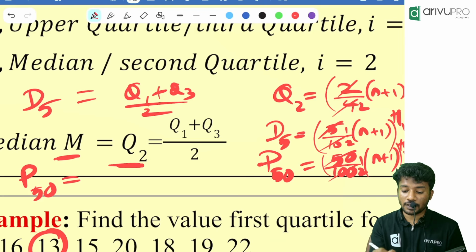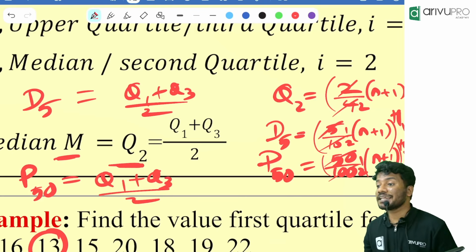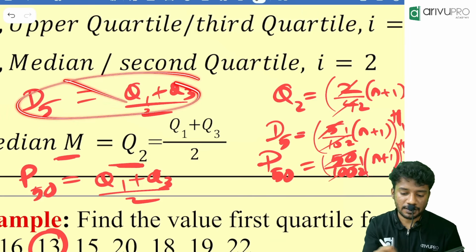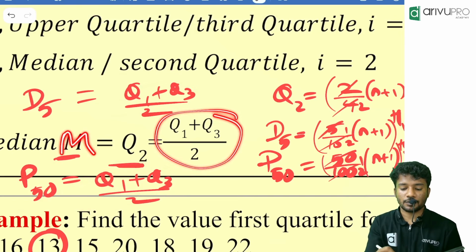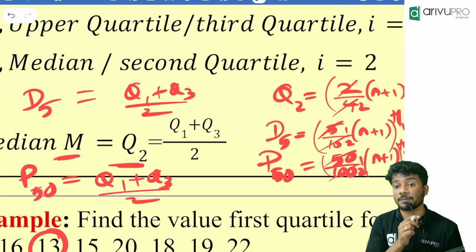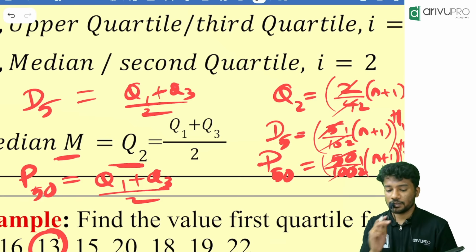Q1 plus Q3 divided by 2. Why? Because all of them are the median itself. Remember that. Till now none of them were asked as a question, but based on this they asked questions in the previous year. It will be useful in another topic also. In Chapter 16 we will be using the same thing. Keep it in your mind.